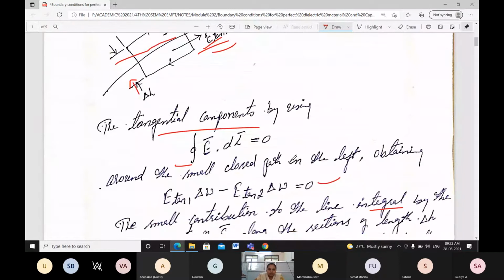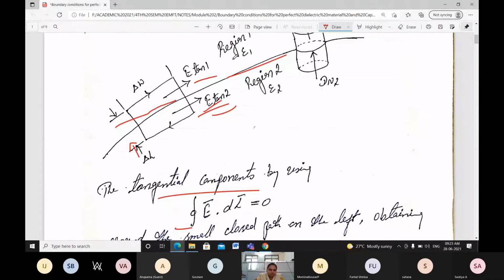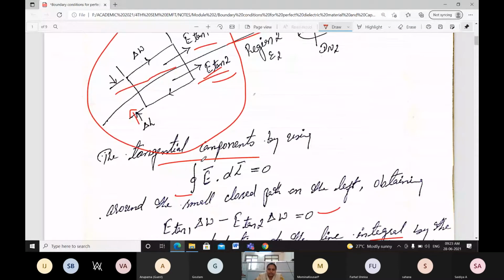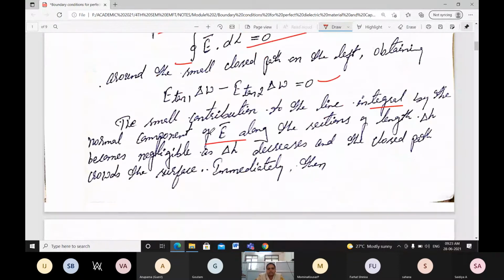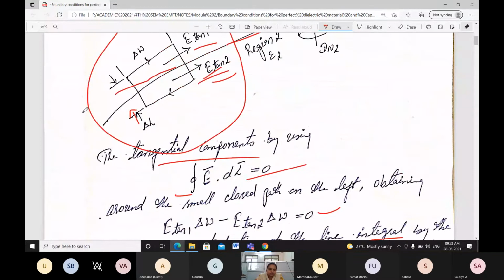Taking a small closed path, the equation we get is E tan 1 delta w minus E tan 2 delta w equals 0. The small contribution to the line integral by the normal component of the electric field intensity along the sections of length delta h can be neglected as delta h keeps decreasing.